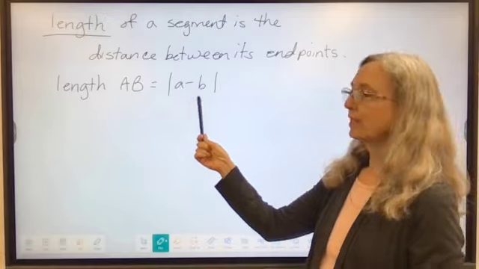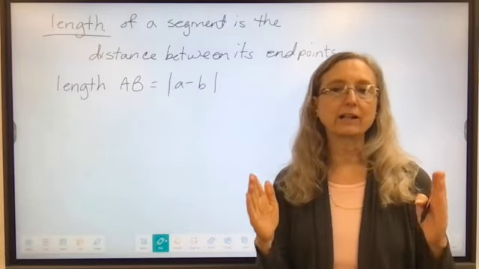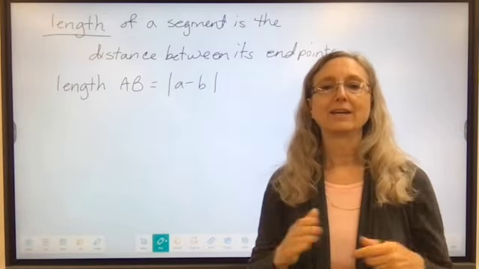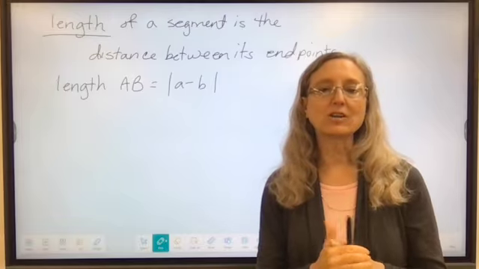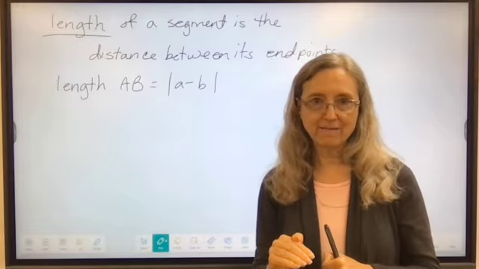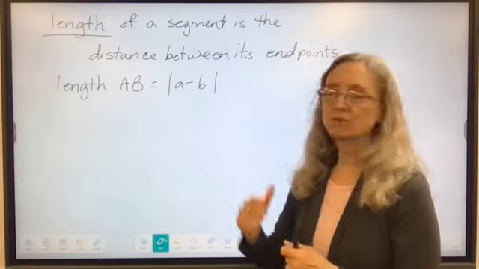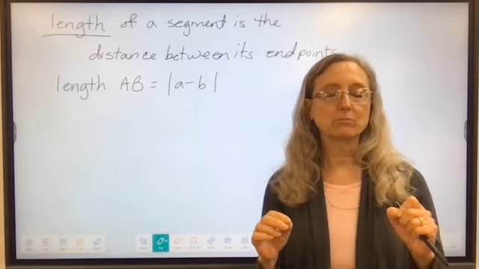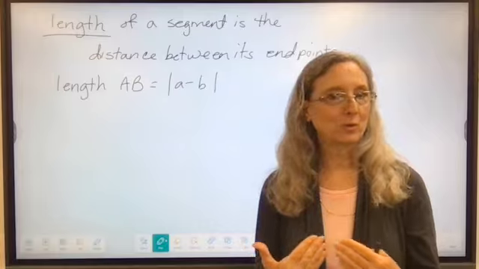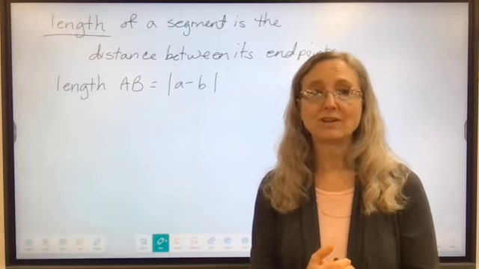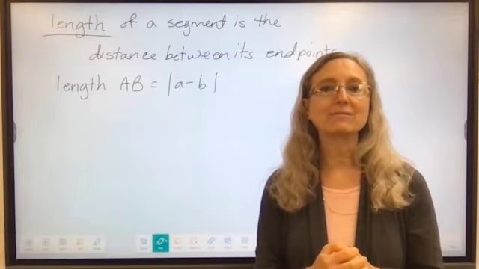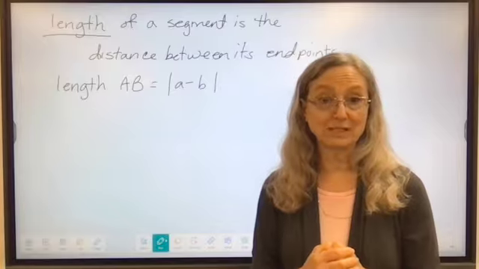Notice here, though, that I put this in absolute value symbols, because distances are always positive, never negative. And so what you do is you take the value of one point, subtract the other. It doesn't matter which you subtract from which, and then make your answer positive, and that gives you how long the segment is.